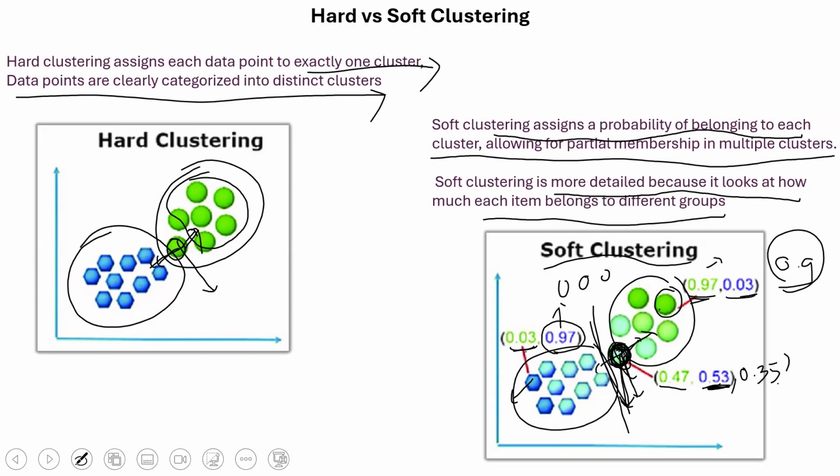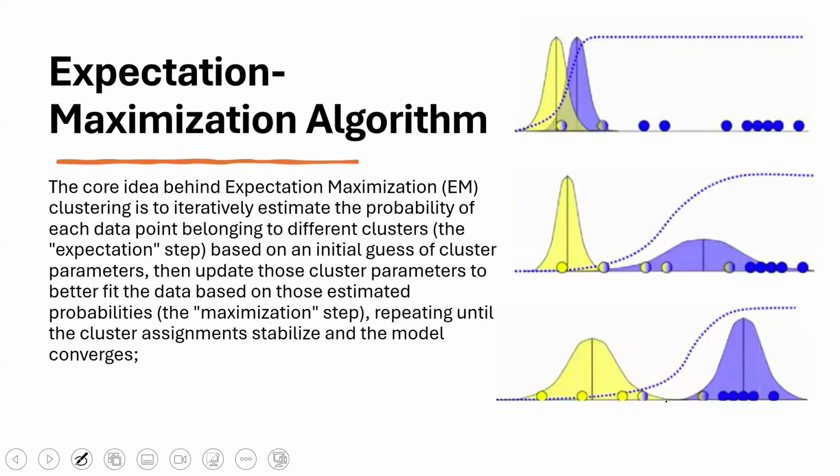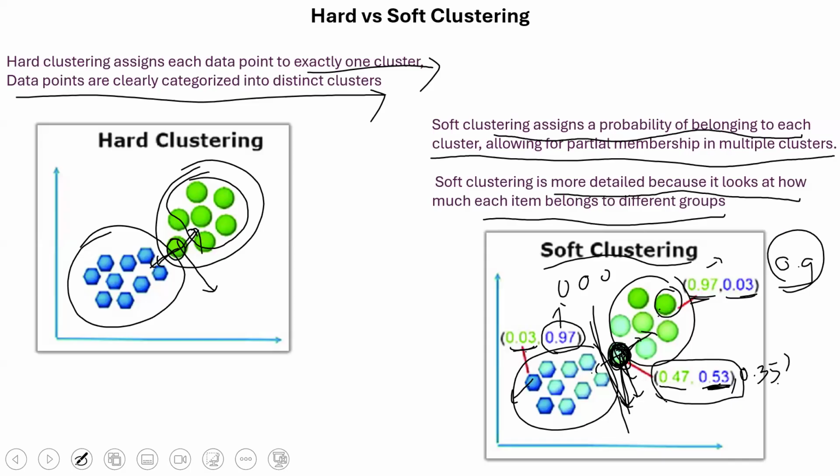Or you can set a different kind of offer for these customers where the probability of them belonging to low spending and high spending is equal. You can set a different offer plan for these customers and send those offers to them. So this is all about hard clustering versus soft clustering.